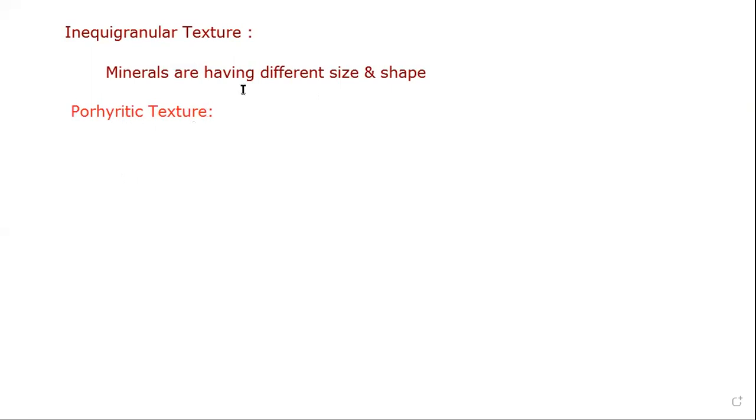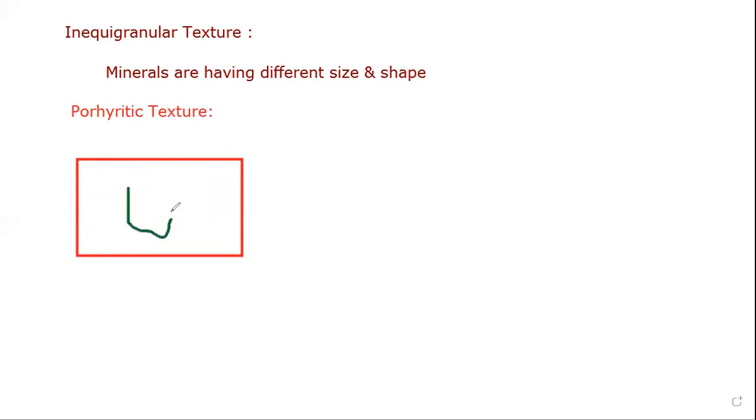आता porphyritic टेक्स्चर म्हणजे काय, जस्ट मिनिट, आय विल ड्रॉ हियर. या ठिकाणी मी तुम्हाला डायग्राम काढून दाखवतो. सपोज हा एक रॉक आहे आणि या रॉक मध्ये वेगवेगळे मिनरल्स आता आपल्याला मी तुम्हाला काढून दाखवतो. ओके, सपोज हा एक मिनरल आहे, हा एक मिनरल आहे आणि हा एक मिनरल आहे.